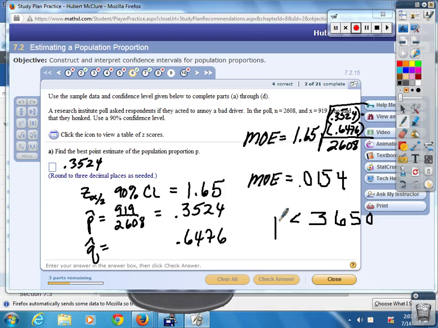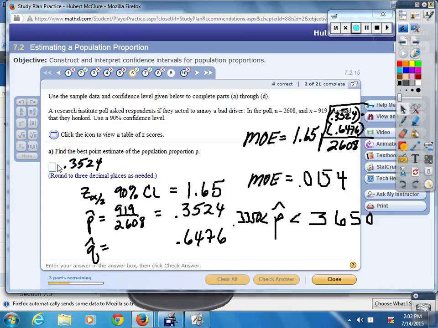And then 35 minus 1.5 would be 33.5. Now I'm off by that. That last digit is going to be wrong. But we can check the others. Okay, I must be wrong there.